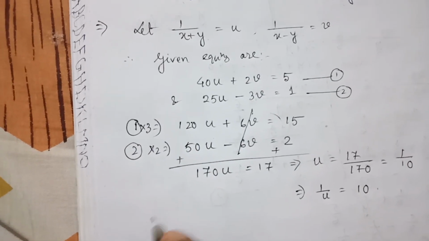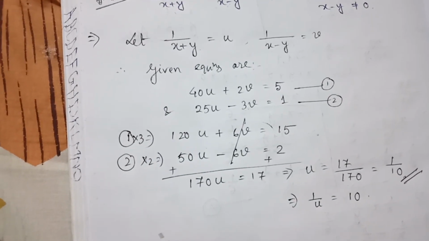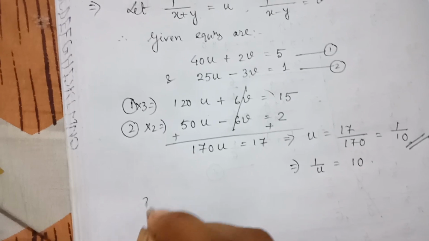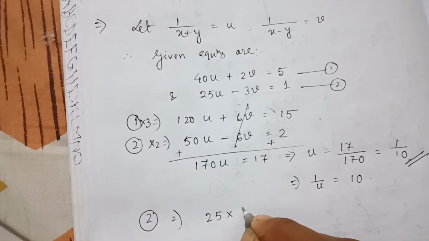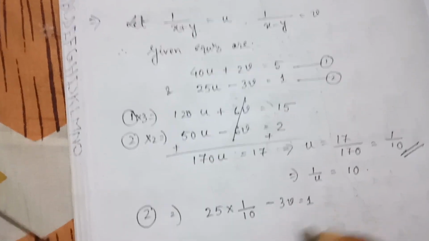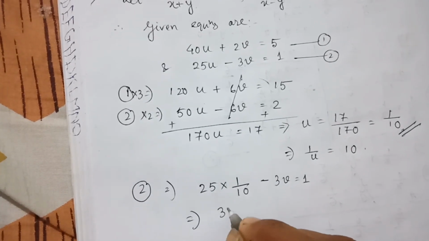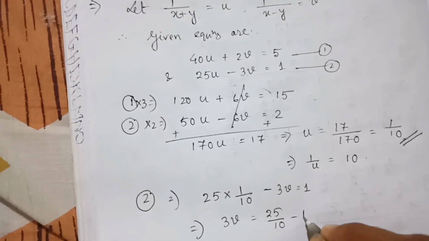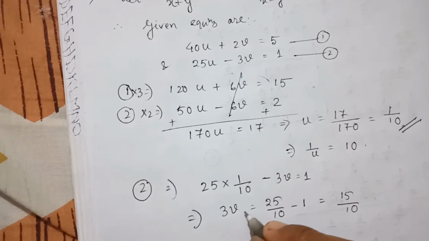Okay. Now we have got u. I am just finding v now from 2. So from 2 we are getting 25u, meaning 1 by 10, minus 3v equals 1. So from this we can get 3v equals 25 by 10 minus 1, that is equals 15 by 10.